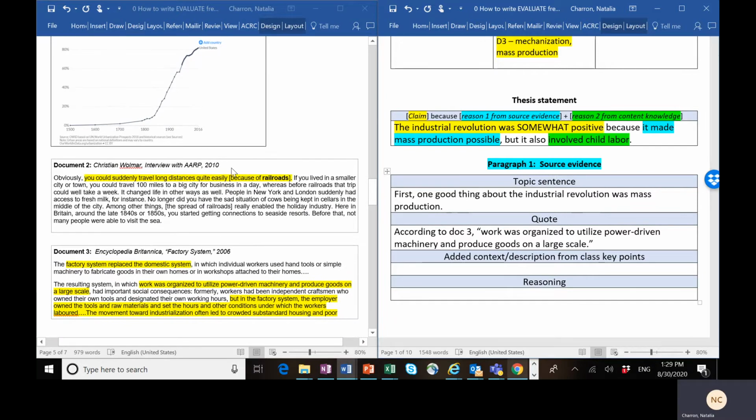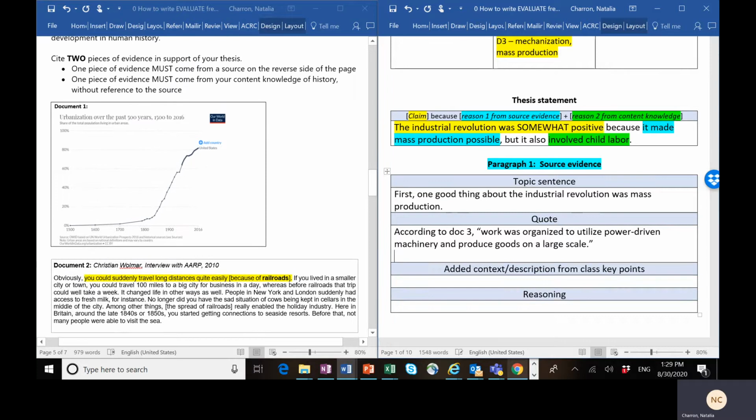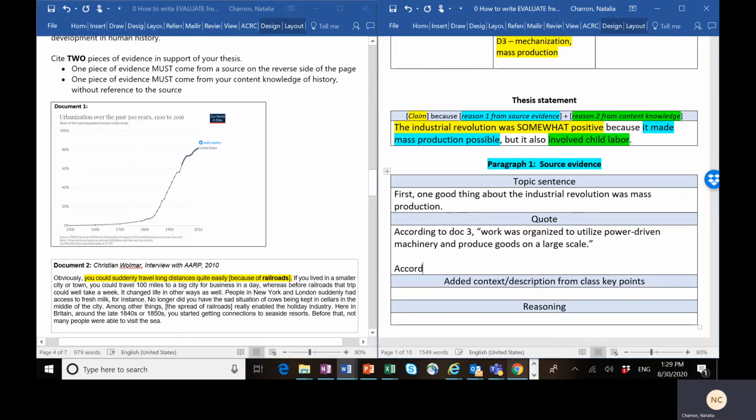That was my quote. If I had chosen document 1, here's how to quote a picture. According to doc 1. In order to quote a picture, you just describe for the reader what you see without adding your own analysis.